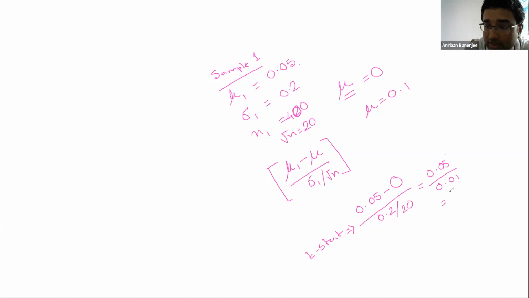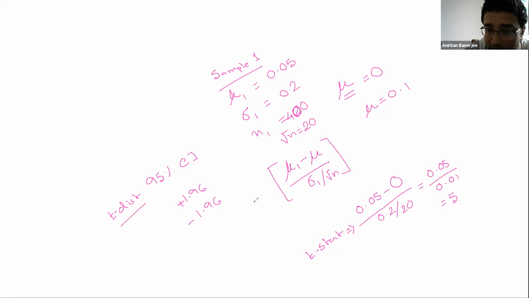In this case, your t-stat comes out to be 5, which is outside the range of plus 1.96 to minus 1.96. What is this range about the t-stat I was talking about? This is based on a 95% confidence interval based on your t distribution.